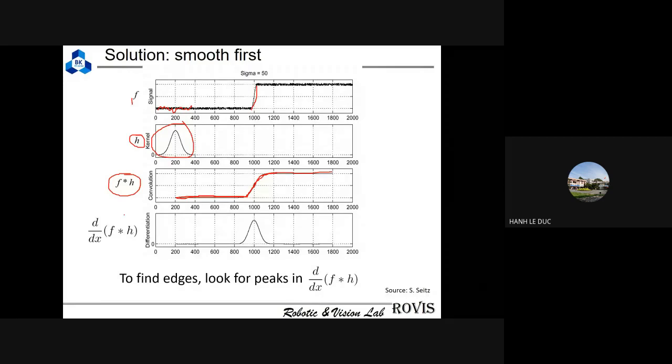Then we take the first derivative of the result, and here you can find one peak: at position 1000 you have one edge. This is the first step.